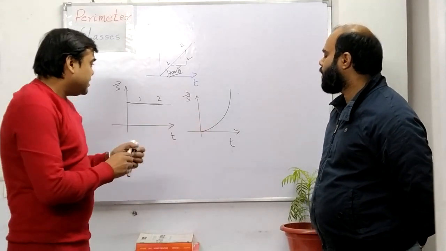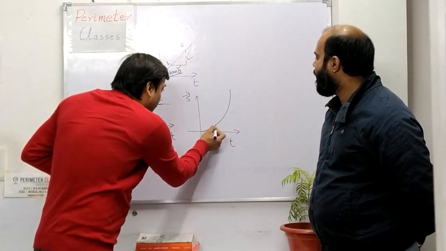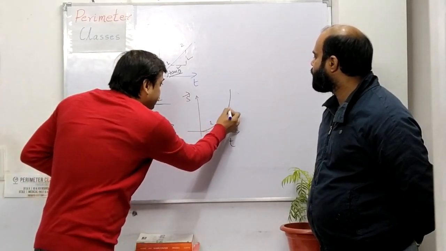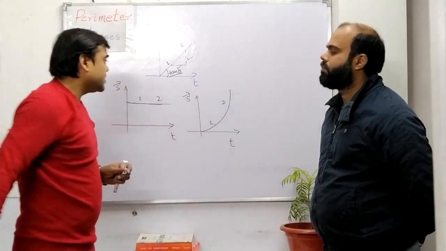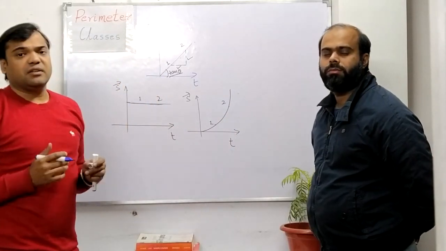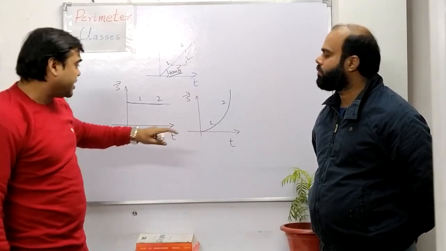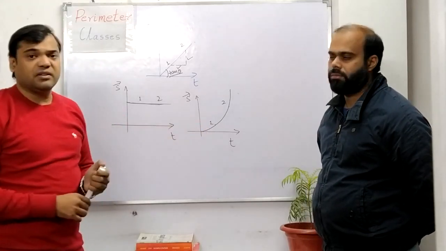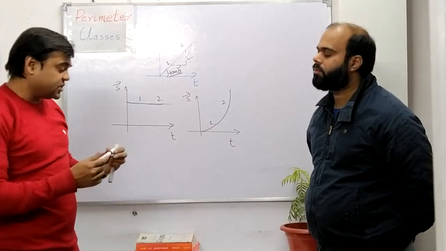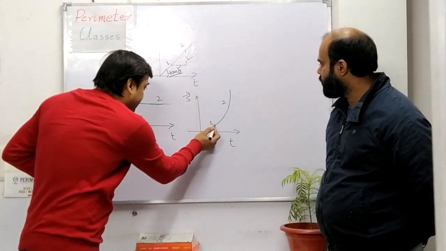If I take a point 1 here, and then a point 2 here, we are going to compare the instantaneous velocity at point 1 and point 2. How can you find the velocity at point 1 at a given instant of time? For this we have to draw a tangent here.